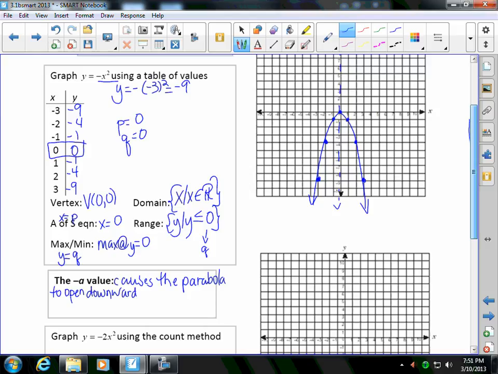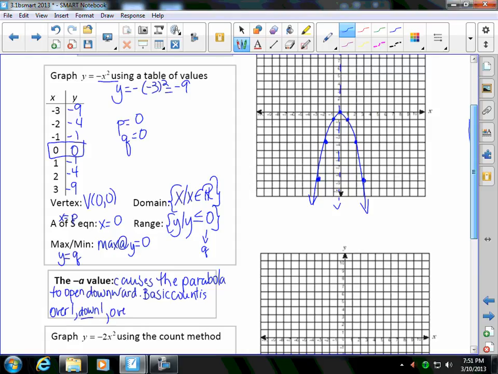So if you're looking at your basic count when you have a negative a value, if your a is negative 1, your basic count is going to be over 1, down 1.